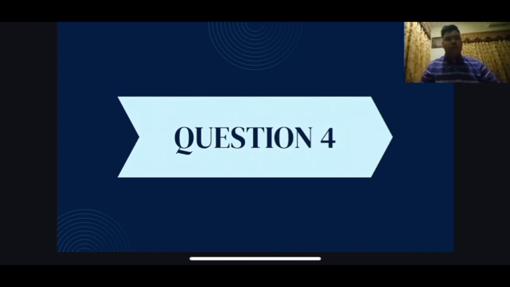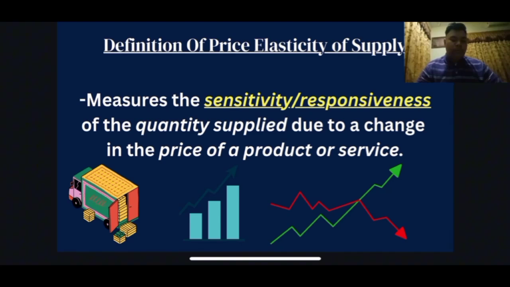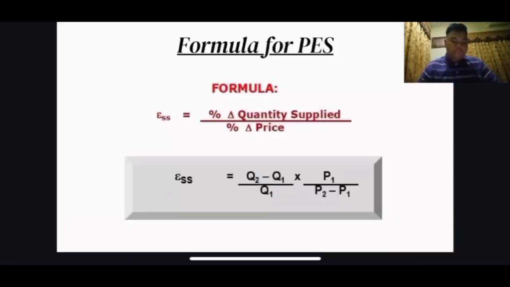Alright, Assalamualaikum warahmatullahi wabarakatuh. So now let's go straight to the point to question 4. So the first question is, what is price elasticity of supply, PES? The definition of price elasticity of supply is that it measures the sensitivity or responsiveness of the quantity supplied due to a change in the price of a product or service.